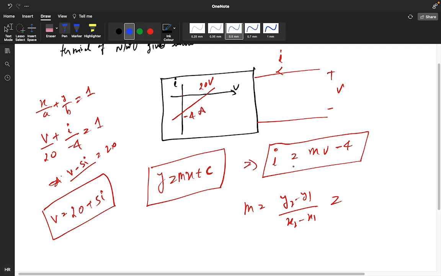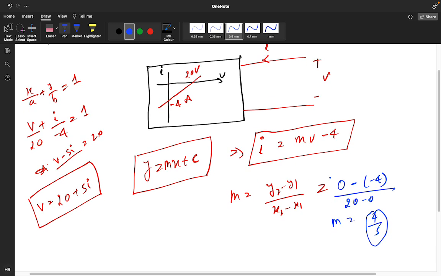So y2 is 0, going from here to here. 0 minus minus 4 divided by x2, which is 20, minus x1, which is 0. So 20 minus 0, so we are getting the m value as 4 by 20. We put the m value in this.